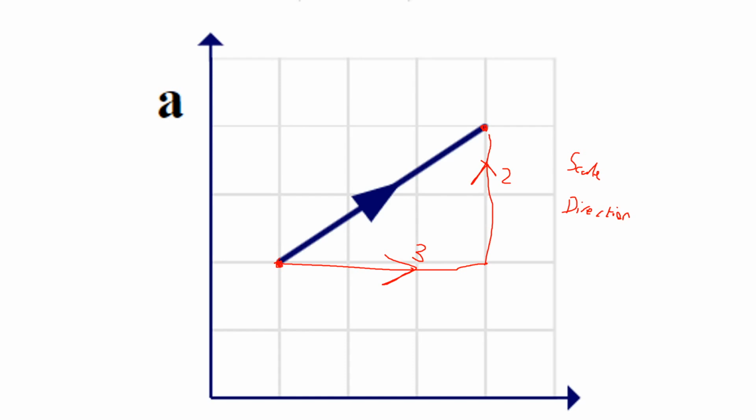So therefore, remember what we said when we were doing translation. If this is y and going up is positive, and if this is x and going to the right is positive, then this vector is (3, 2).